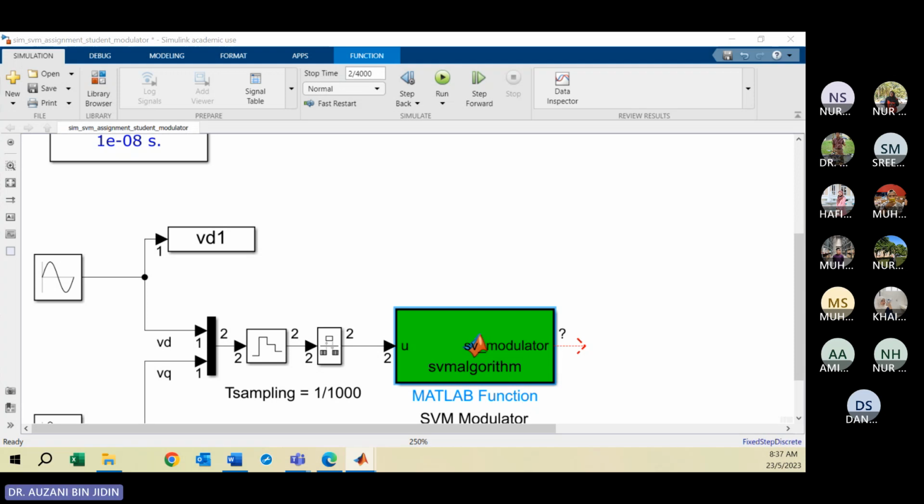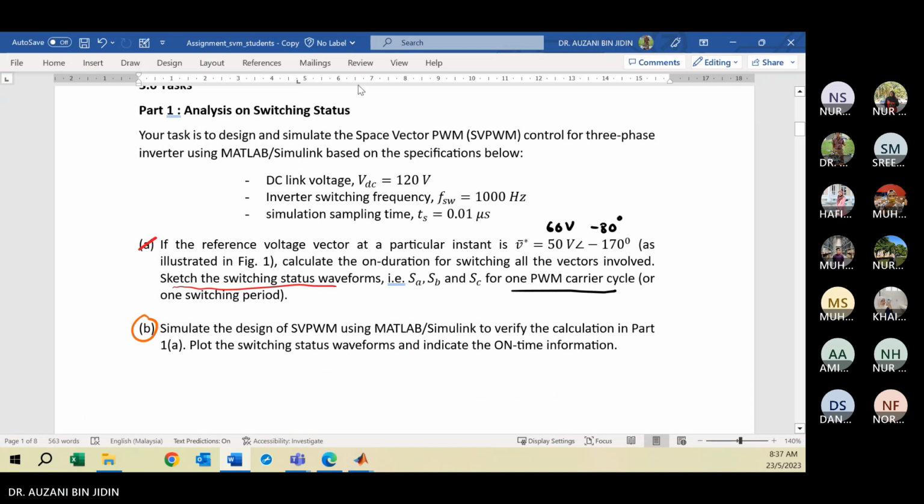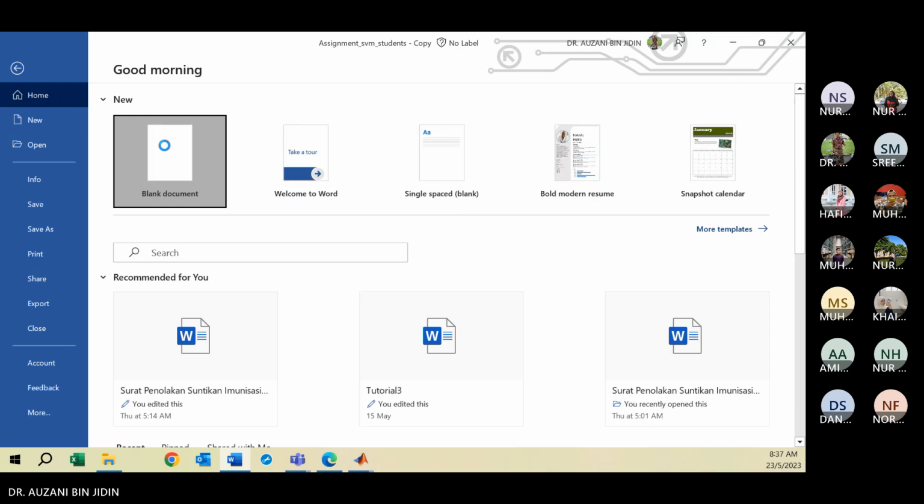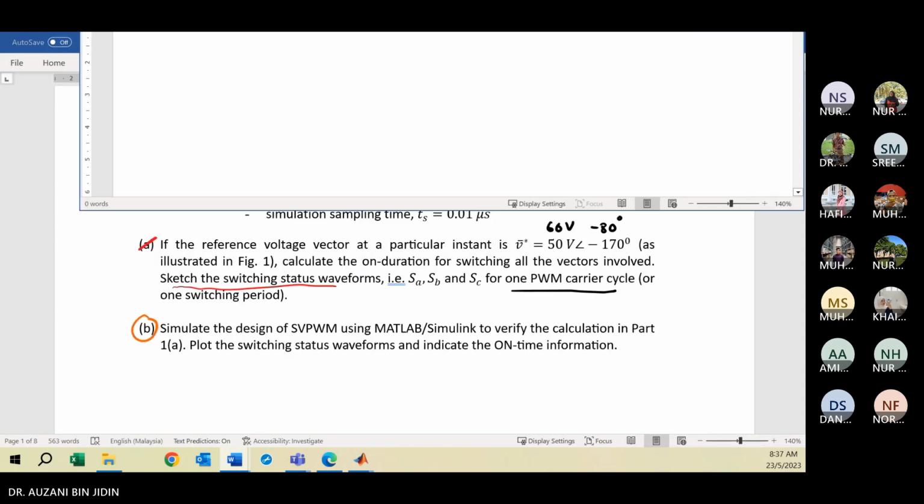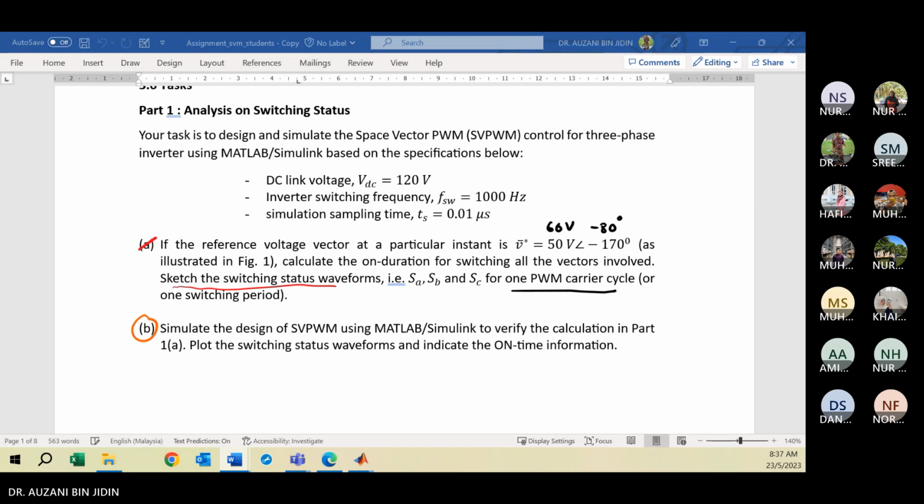Susah juga ni. How to... Sorry. Maybe saya kena copy paste dekat Word file. Sebab dia tak boleh split the window. So this is the answer. Okay, sorry. Okay, now. Okay, this file.